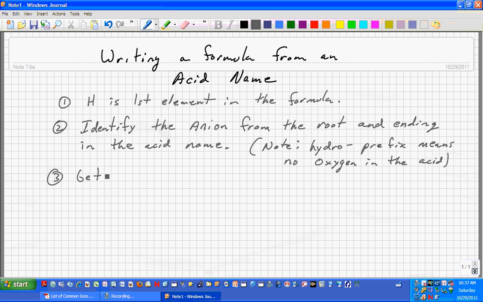Next thing we're going to do, kind of like in the ionic formula writing, is get the ions to add to 0.